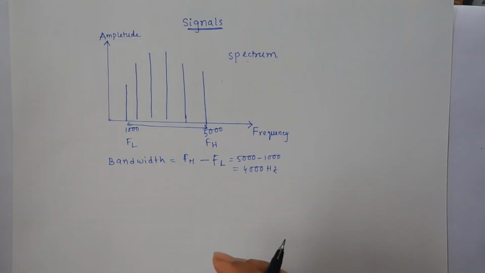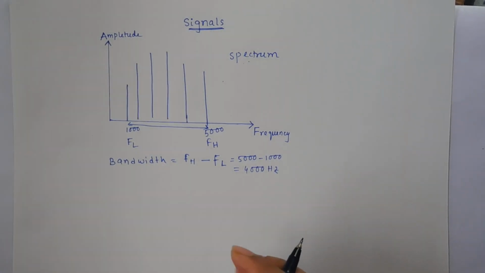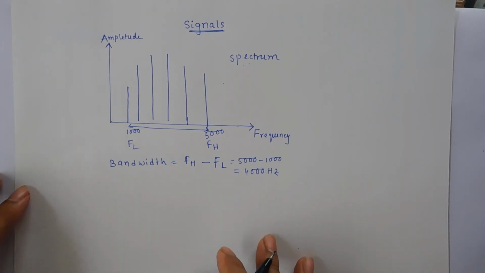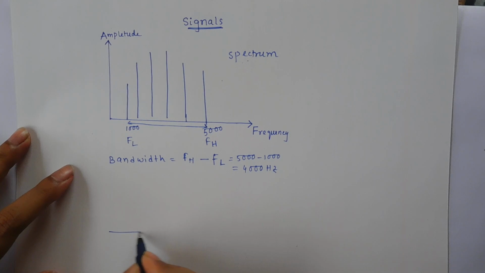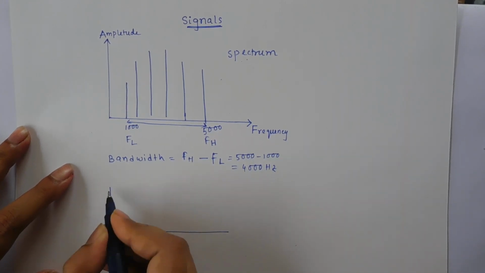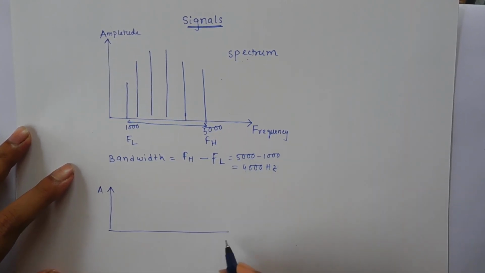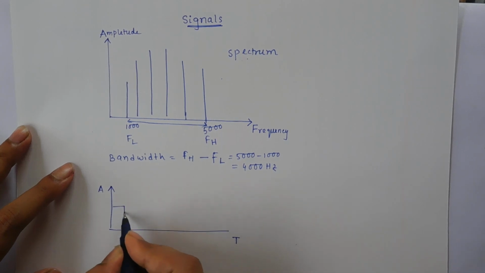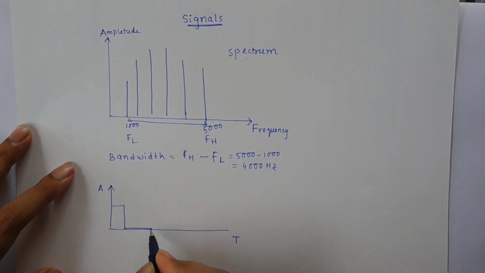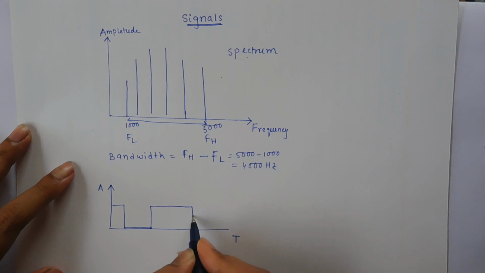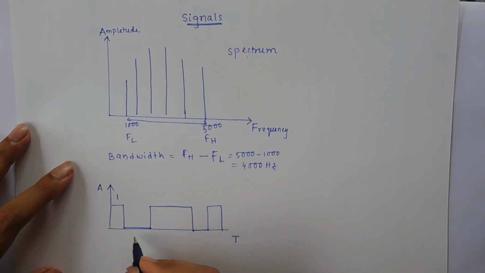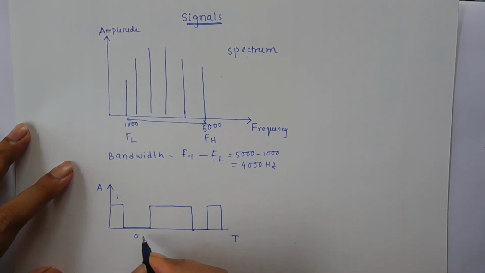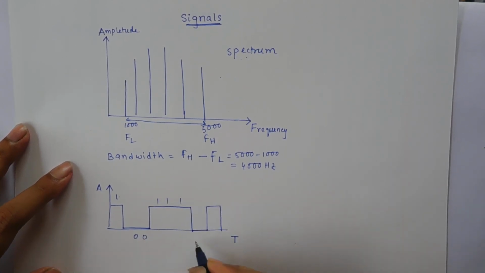Now for digital signals, suppose this is a digital signal represented in amplitude and time. This is 1 0 0 1 1 1 0 1.